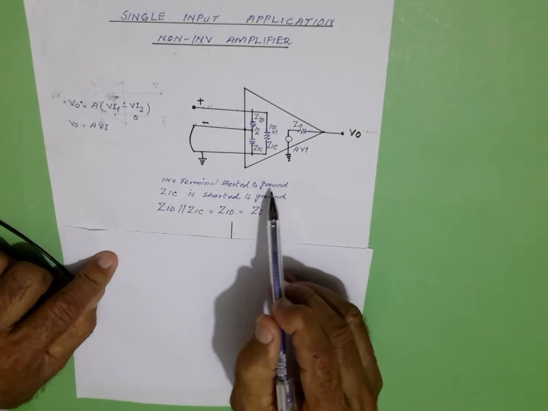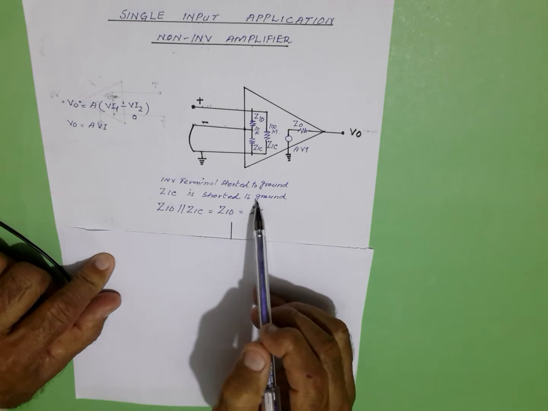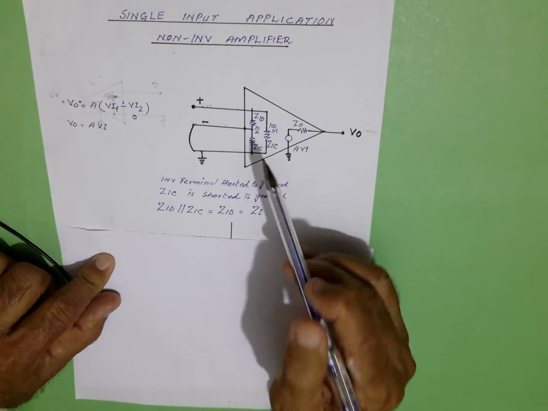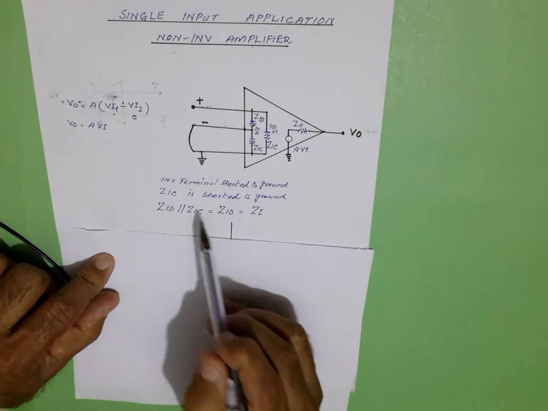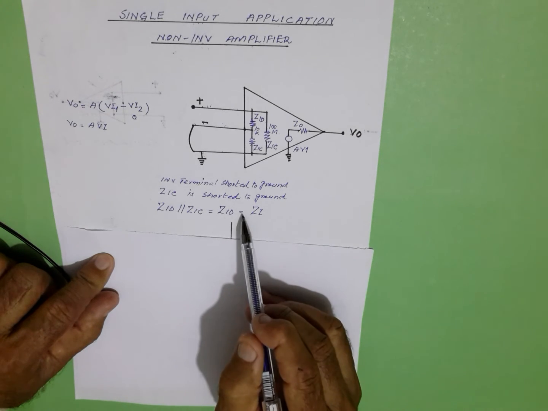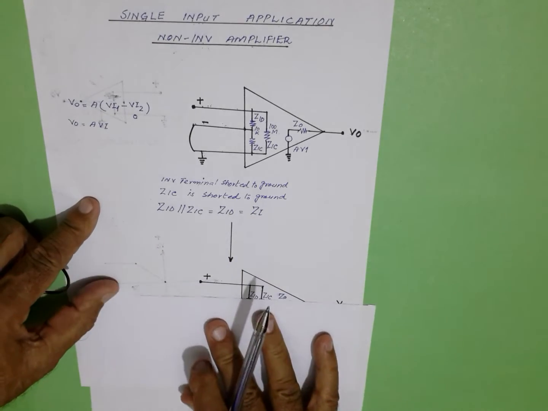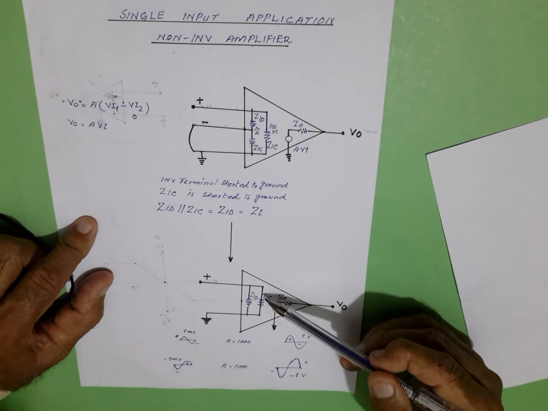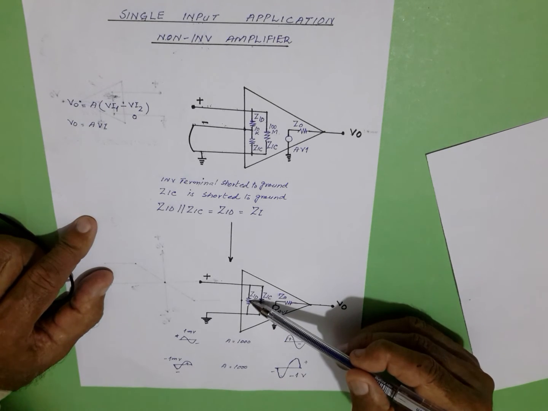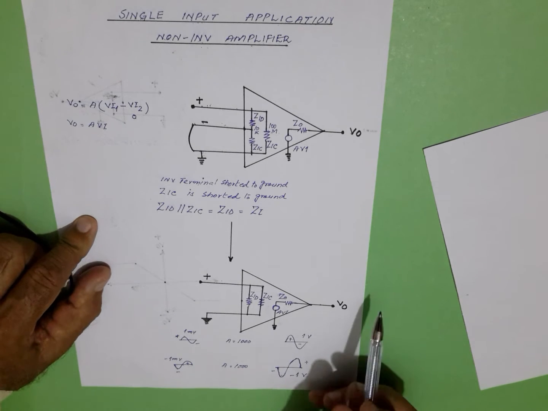The inverting terminal is shorted to ground, so ZIC is shorted to ground, and ZID in parallel with ZIC equals ZID, which will be called ZI, the input impedance, and the circuit reduces to this. ZIC in parallel with ZID becomes ZI. The rest of the circuit is the same.